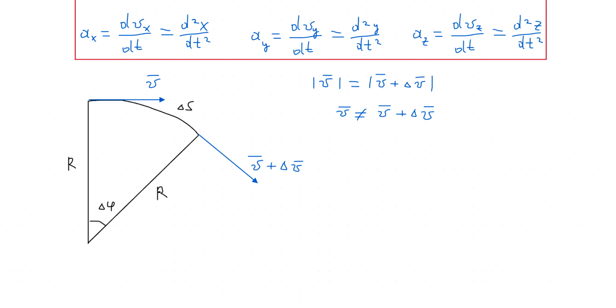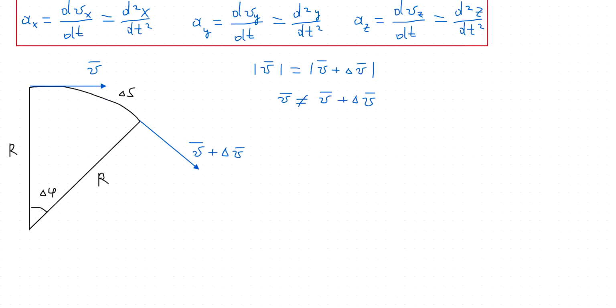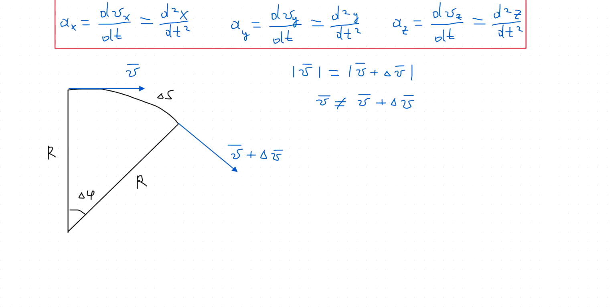So uniform circular motion is a good case to define an acceleration as a change of velocity vector in its direction. So let's try to define this change in direction. I will draw again vectors v and v plus delta v, and I will draw this again in this way.